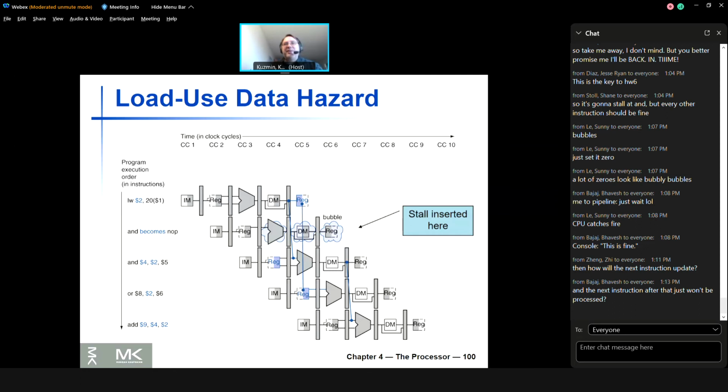All right, and so here's your favorite multi-cycle clock diagram. Note how it says AND, and this is very precise, and becomes a NOP, right? We started it as an AND, so we fetched the instruction here, we tried to decode, and then we realized, yeah, we cannot proceed because the value that we're going to need for the next stage, for the EX, is not even yet read from the data memory.